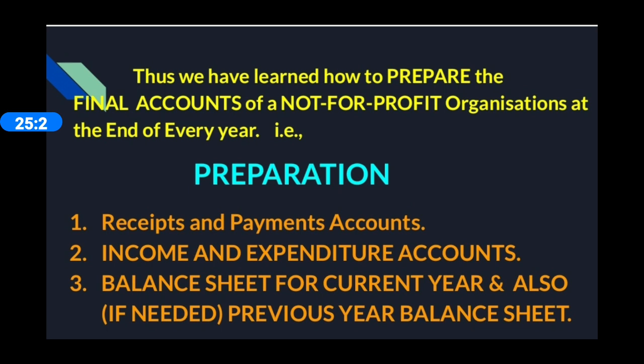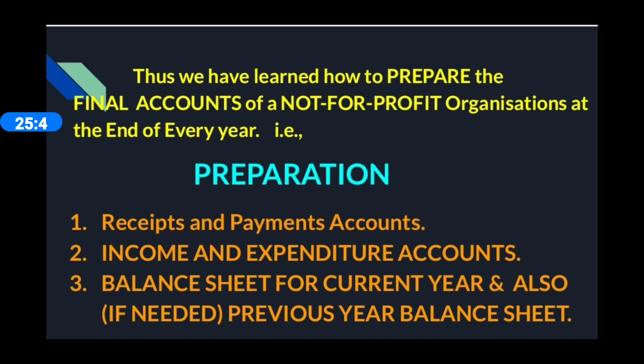Then we learned how to prepare income and expenditure, and also how to get the surplus or deficit. The purpose of preparing the income and expenditure account is to find out the surplus or deficit which arises during this year. Income and expenditure is more or less like a profit and loss account. In a trading concern, we prepare a trading and profit and loss account, and we find the net profit and net loss there.